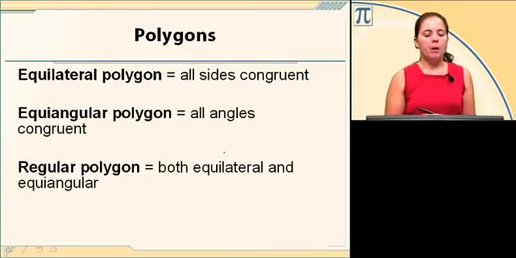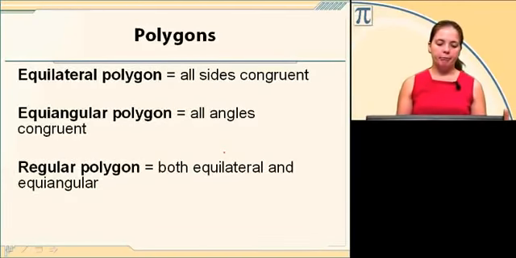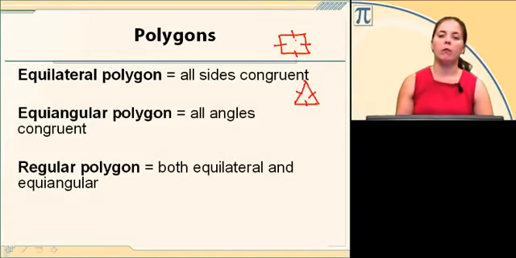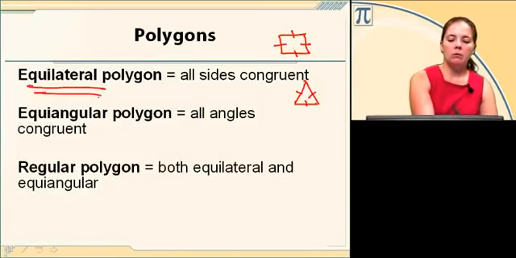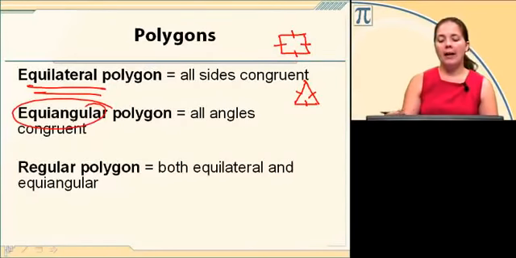Equilateral polygon. Equilateral means that all sides are congruent. That would look like that. You might have a quadrilateral with all 4 sides congruent. Equilateral, all sides congruent. Equiangular, all angles are congruent.